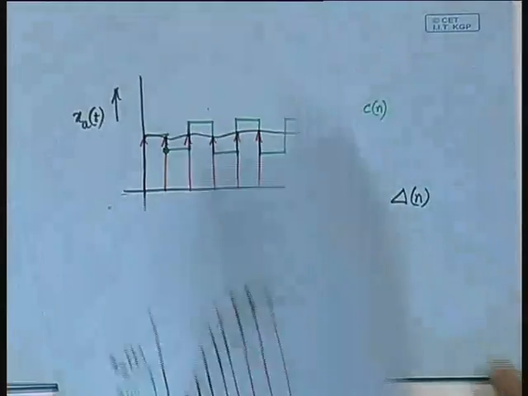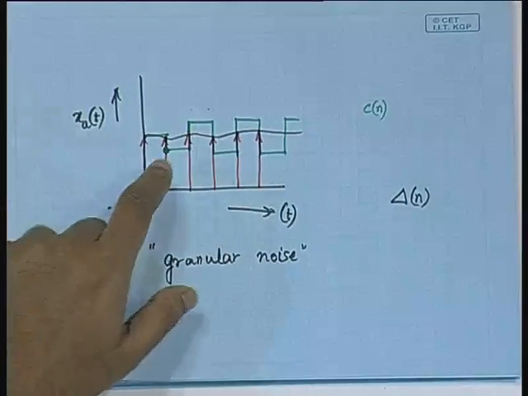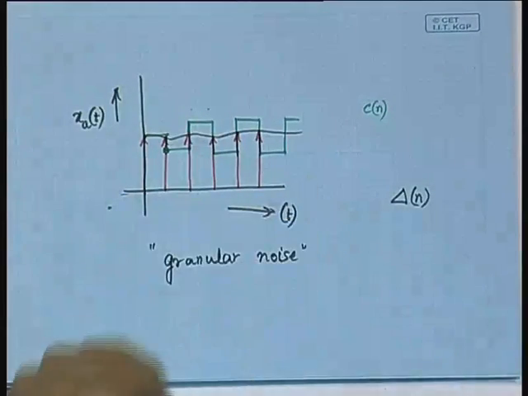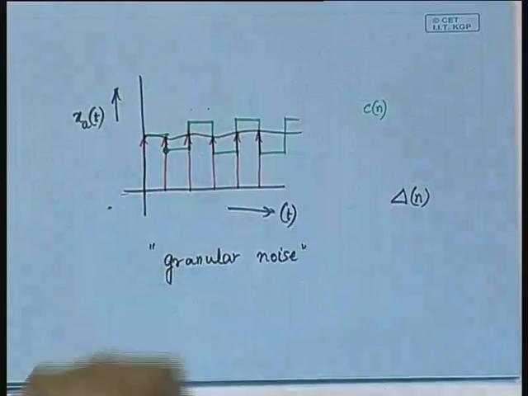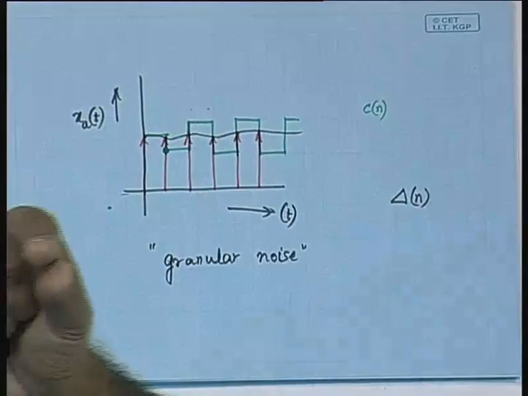Now, look at the other situation, when we were considering granular noise. Here, ideally, what would we have wanted? We would have wanted a small value of delta. So, if we observe granular noise, to reduce it we should reduce delta n.